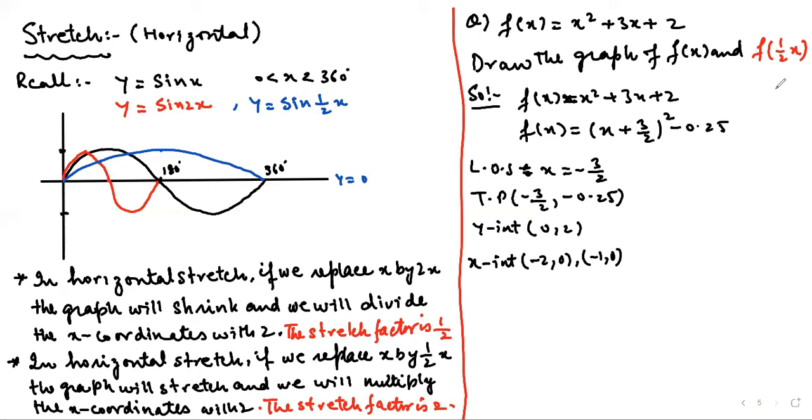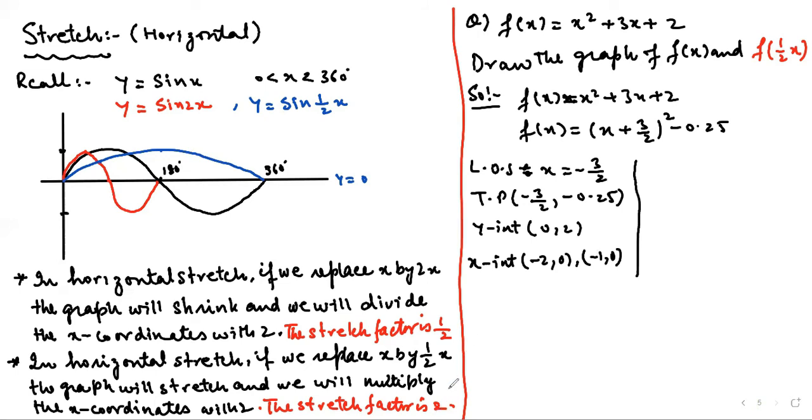In f of half x, we will multiply all the x coordinates by 2. Now we will multiply all the x coordinates by 2.